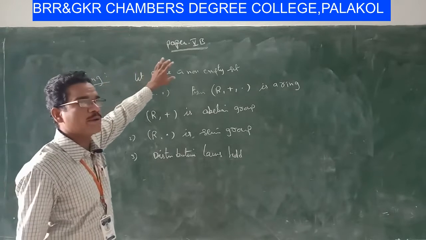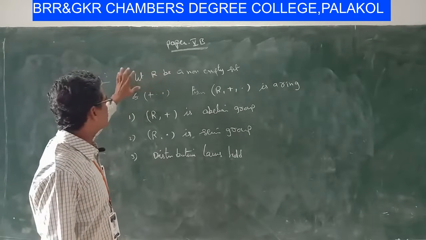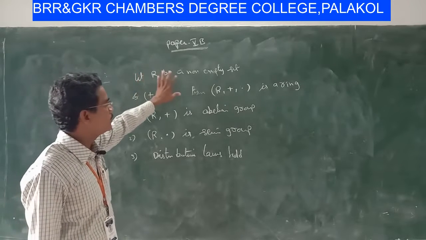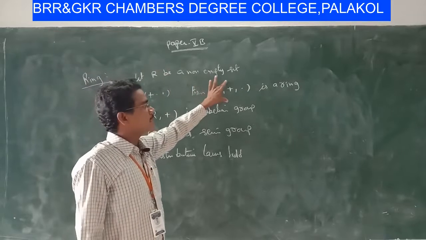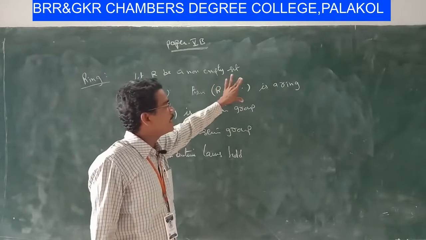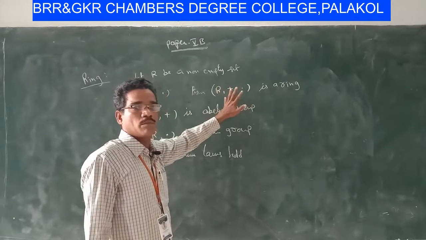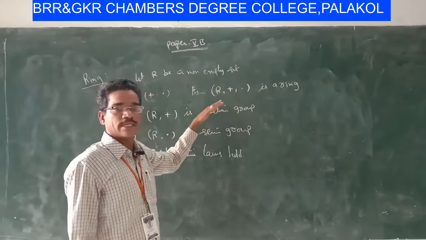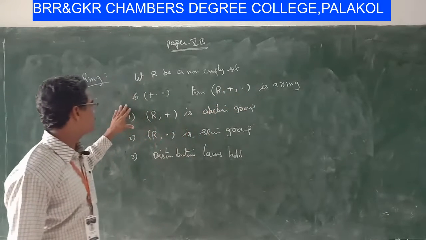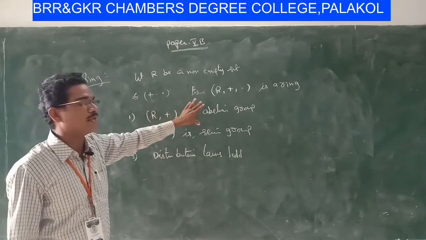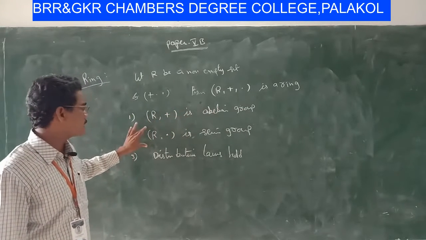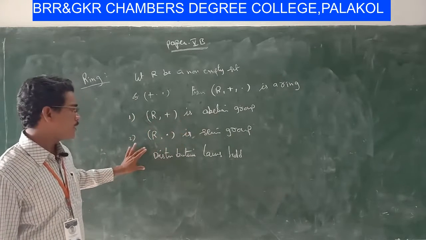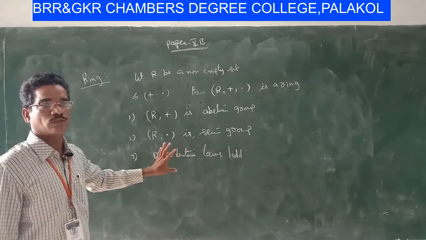Let R be a non-empty set and plus comma dot be two binary operations in R. Then R comma plus comma dot is said to be a ring. Then the following conditions are satisfied. Here first one is R comma plus is a abelian group. Second one is R comma dot is a semi group. Third one is distributive laws hold.